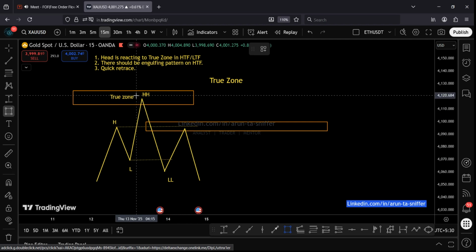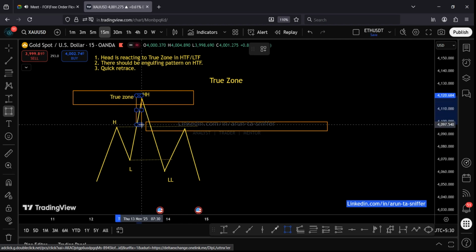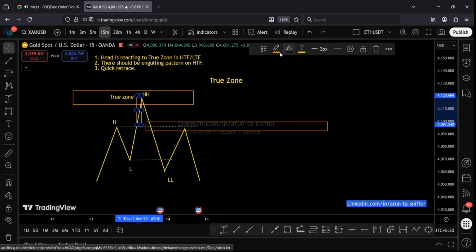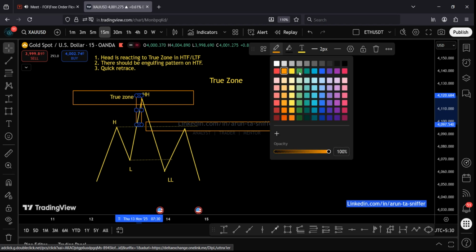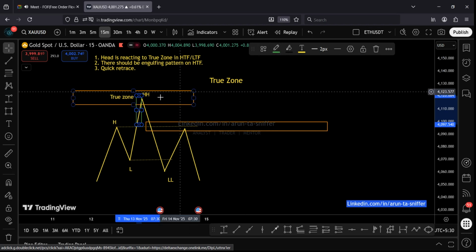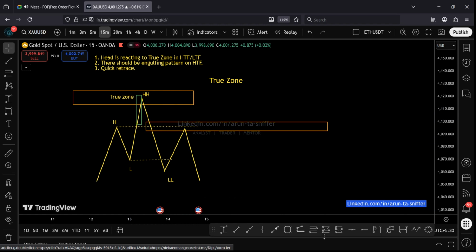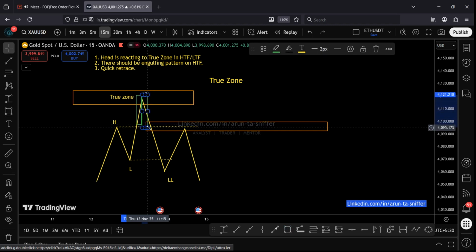Price is going here, that will be a red and green candle. On STF we will look at it like this: a green candle, right? And then we will need a red candle, and this should engulf like this.